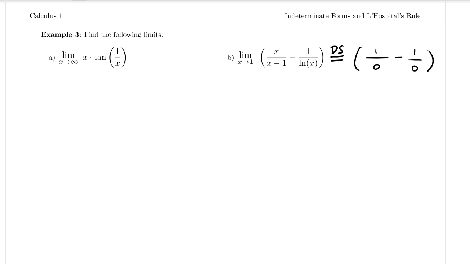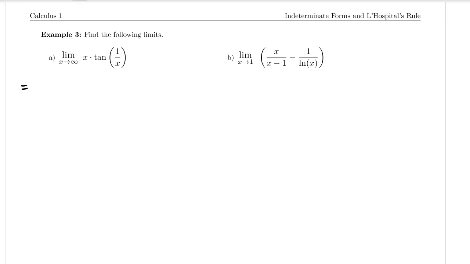And if your denominator gets really small or approaches 0, another way of thinking about this is that it is of the form infinity minus infinity. And that's one of our alternative indeterminate forms, but we need to get it into the form 0 over 0 or infinity over infinity.